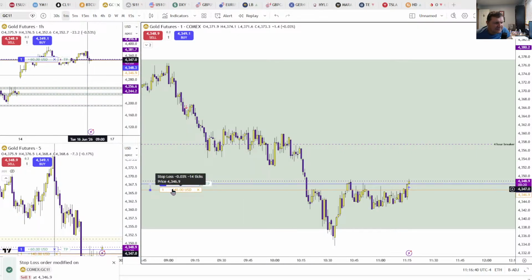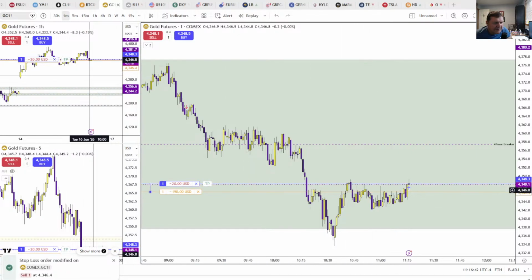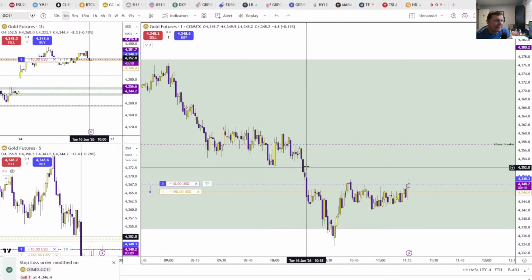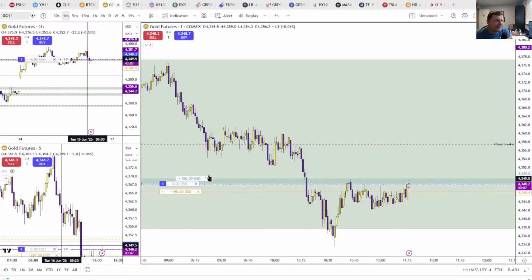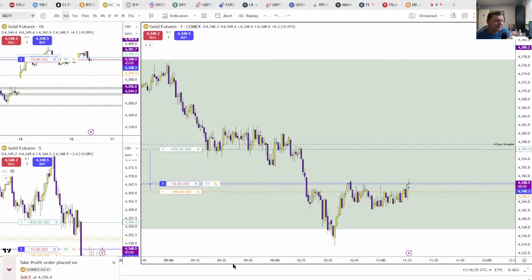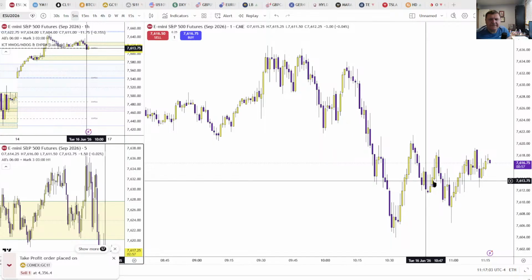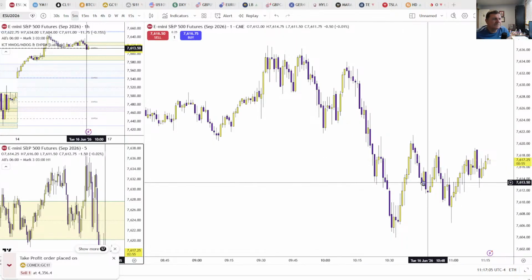Actually, I should sit just below that mean threshold of this candle. See if we can't get that higher. Take profit here. Nothing here.